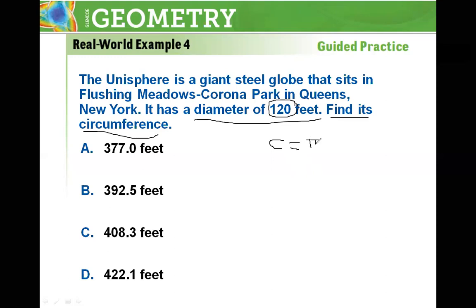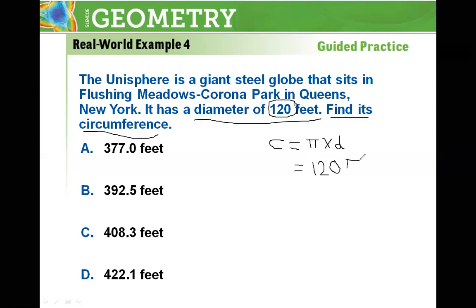C equals pi multiplied by D. So it's D, which is 120, multiplied by the value of pi.